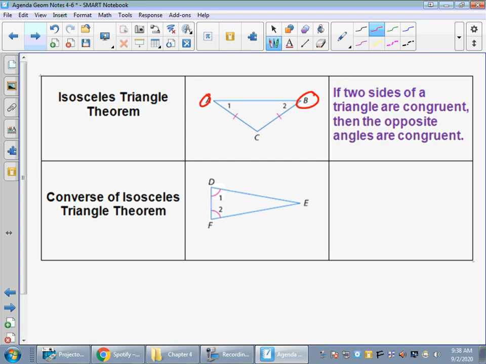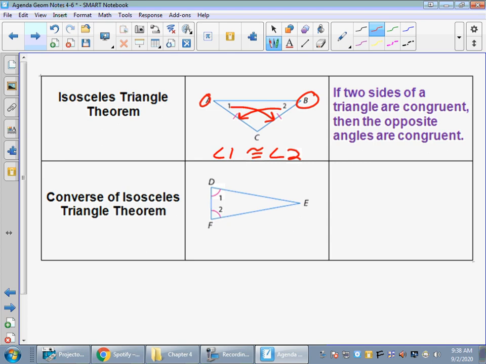So if I look at, say, this side here and this side here are congruent, well then those angles opposite would have to be congruent as well. So angle 1 would be congruent to angle 2, because the sides opposite those are congruent.